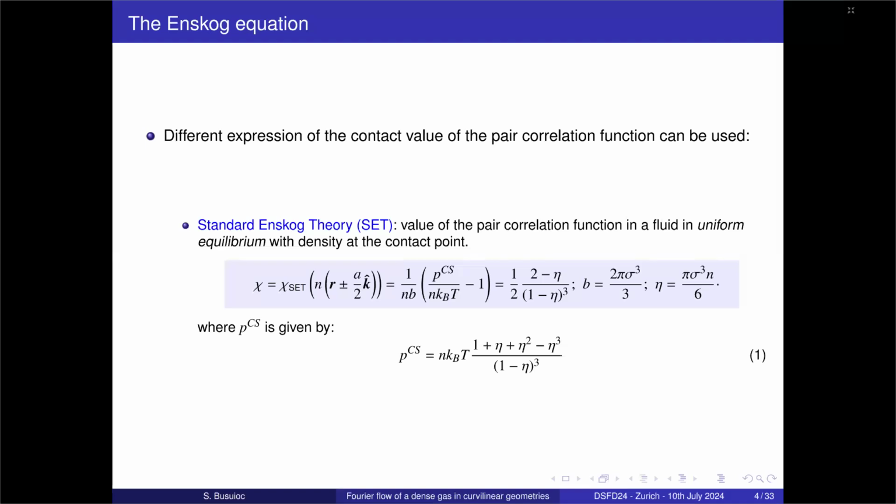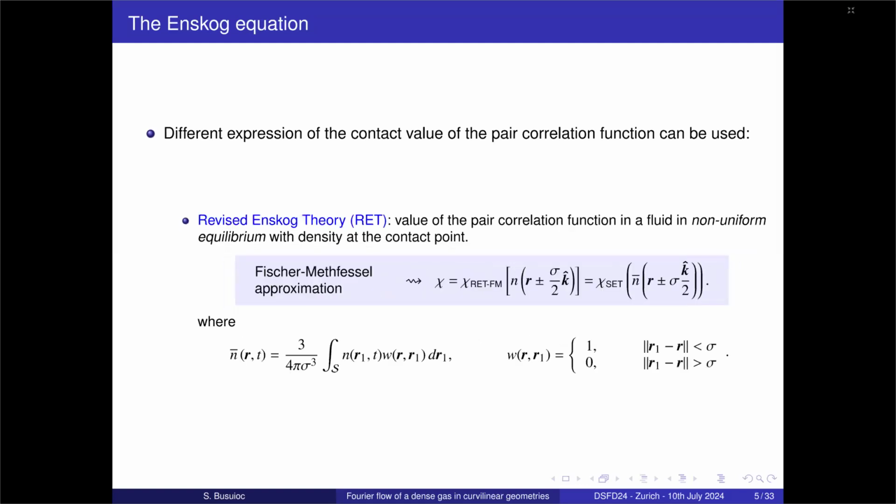And throughout the paper, I'll use this so-called reduced density, this eta, which is given in the first equation there. So we look at this reduced density to give us an idea of how dense our gas is, from the point of view of how agglomerated our hard spheres are.